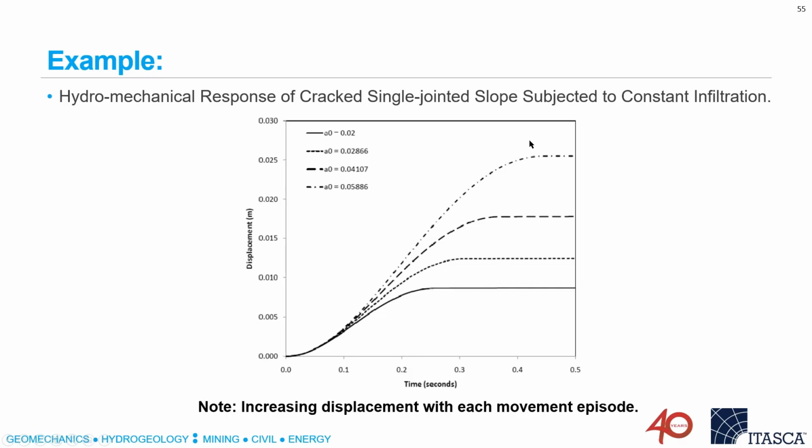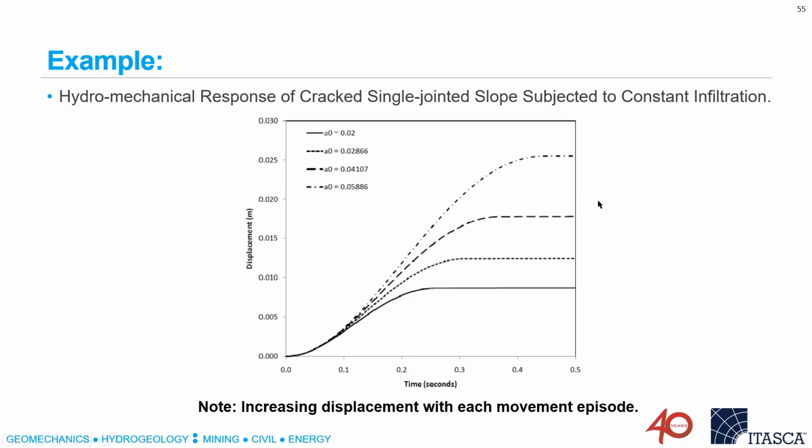These are progressive episodes of movement, and we can see that with each progressive episode, we get more movement. The reason for that is that the vertical tension crack gets bigger and bigger, and it contains more and more water. Of course, it takes longer for it to drain out, and it's acting as a driving force for a longer period of time.